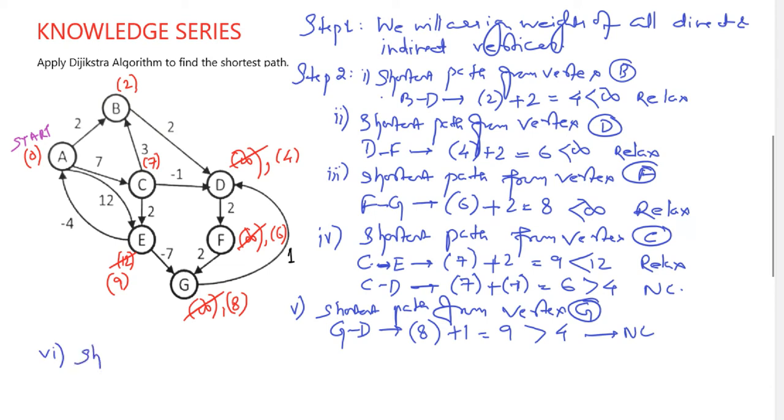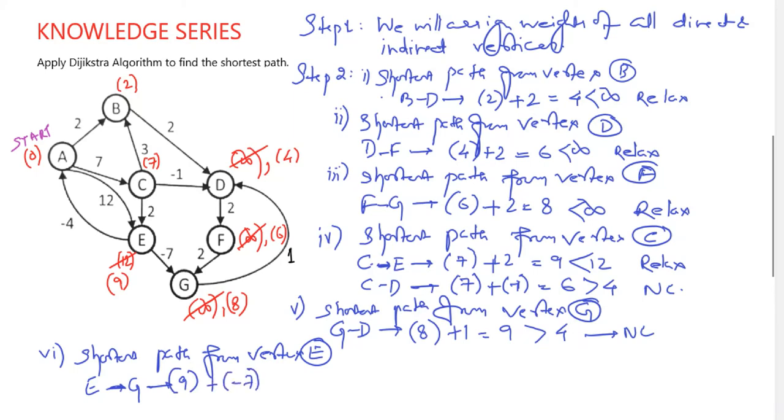So shortest path from vertex E. From E there are two paths coming out. E to G: what is E to G? You can write it as the weight of E, that is 9, plus minus 7.